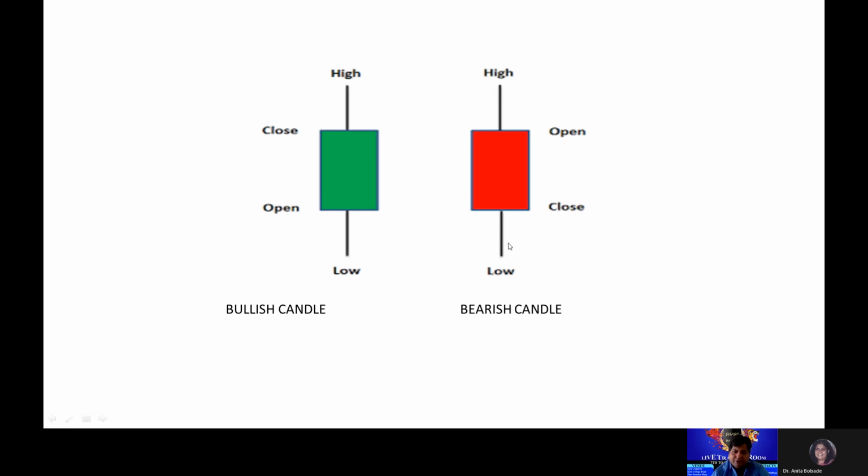And again, it retraces back to its closing point at the end of the day. So basically, it opened high and closed the candle down here at the close. It means that the stock has fallen and it has given a red candle. So a green candle always indicates that the trade is bullish in nature and people are buying, and a red candle indicates that the trade is bearish in nature and people have sold off the stock.